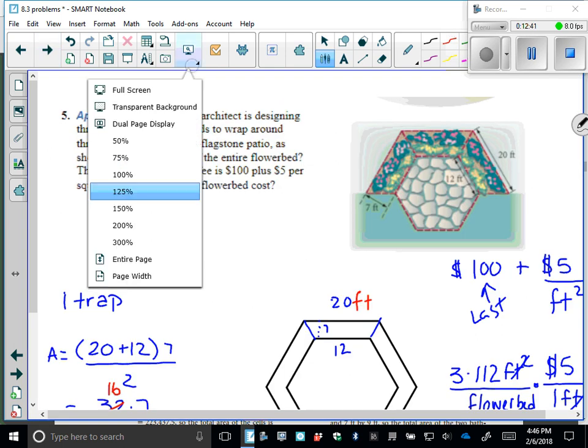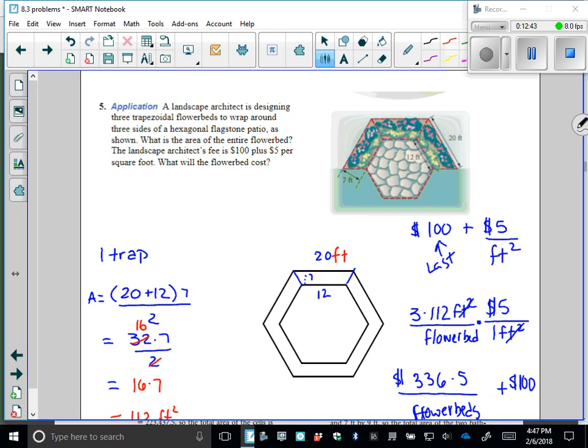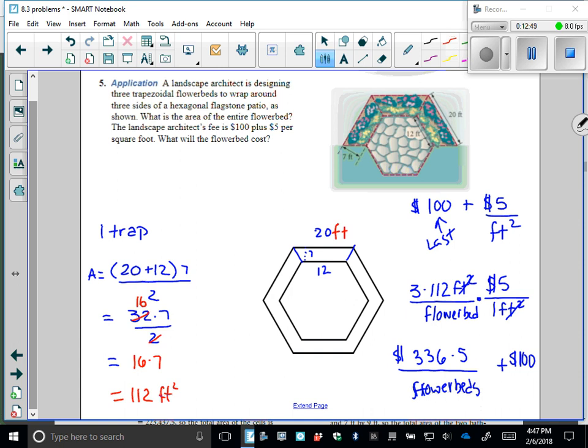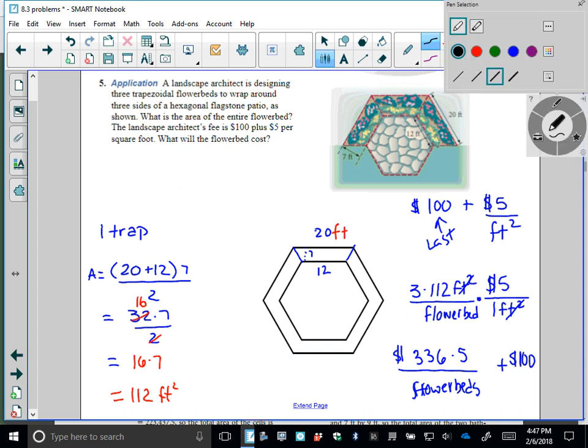So I was just going to take a look at this problem, make it a little smaller. This one's already, I talked about a little bit in class with a couple of students, but if you look at the picture that you see up here, they point out that there's 3 flower beds, and each flower bed's trapezoid.